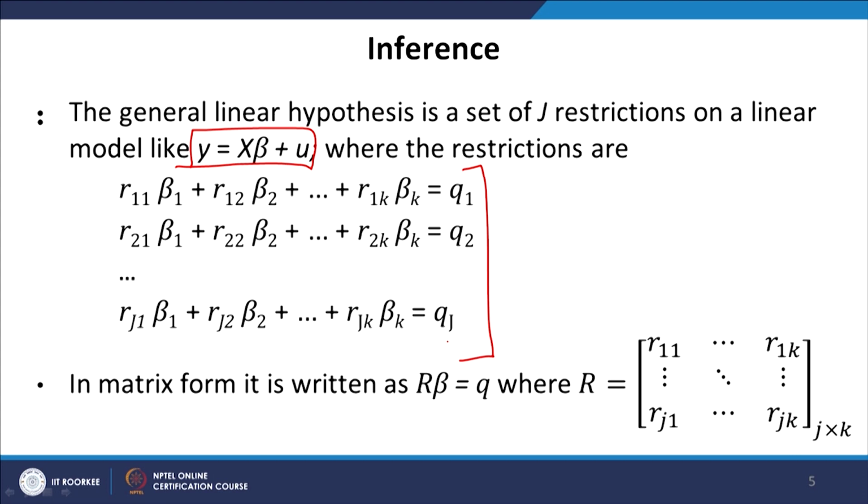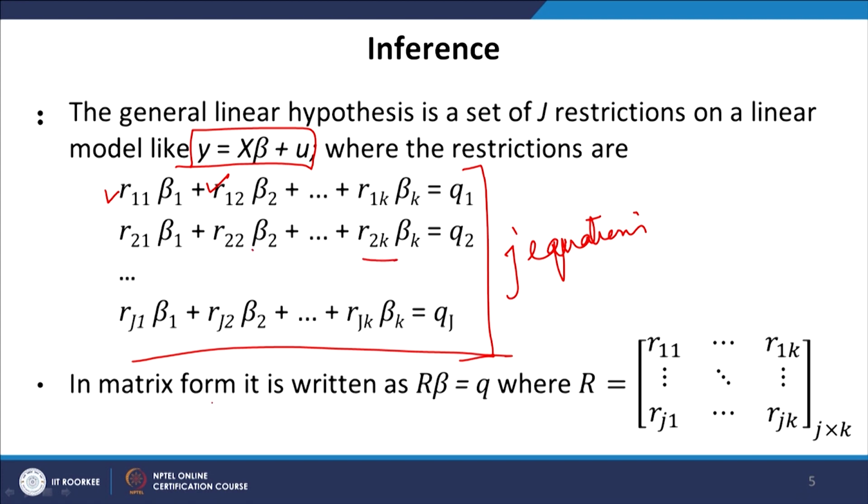This is how we write the set of restrictions. Suppose there are j restrictions. In that way we have j equations, because there are j restrictions. In matrix form, it can be written as R beta equals q, where R consists of these coefficients: R11, R12, R1k, and similarly R21, R22, R2k, and finally Rj1, Rj2, Rjk.